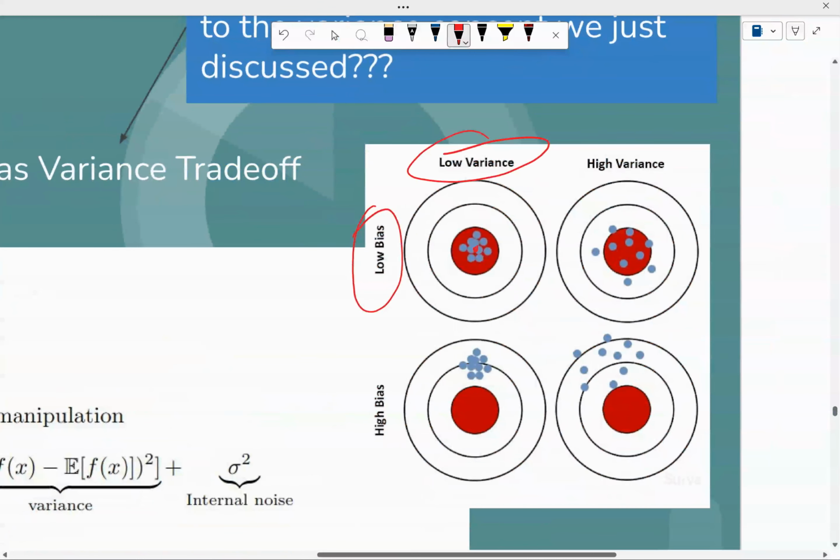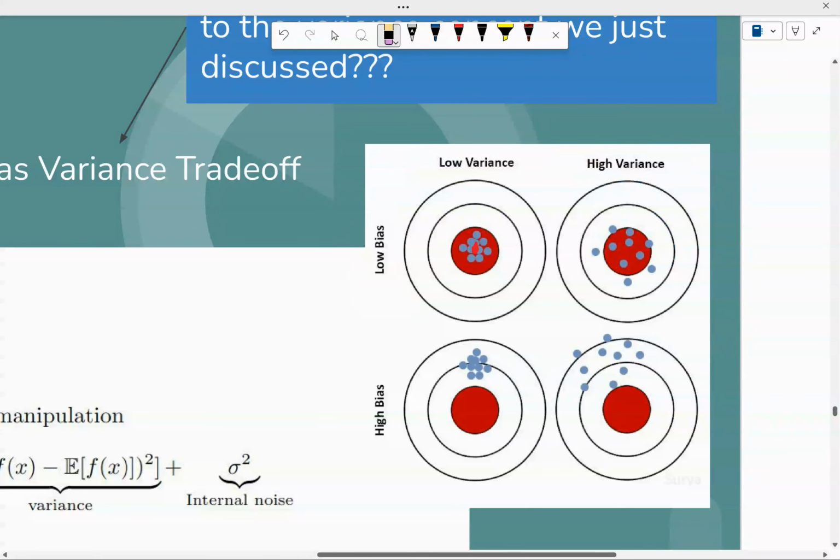Notice how on average these points are hitting the target. Therefore, it's low bias. And over here, even though it's kind of off, on average it is also hitting the target. However, this has a high variance because the data has large variation.